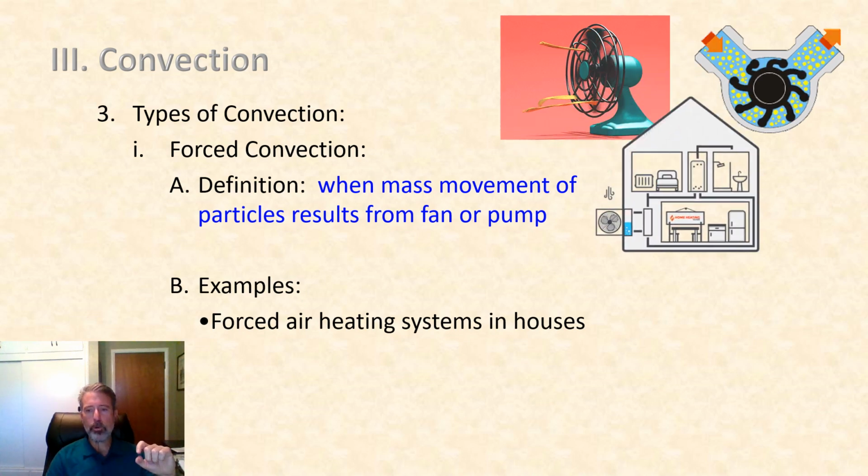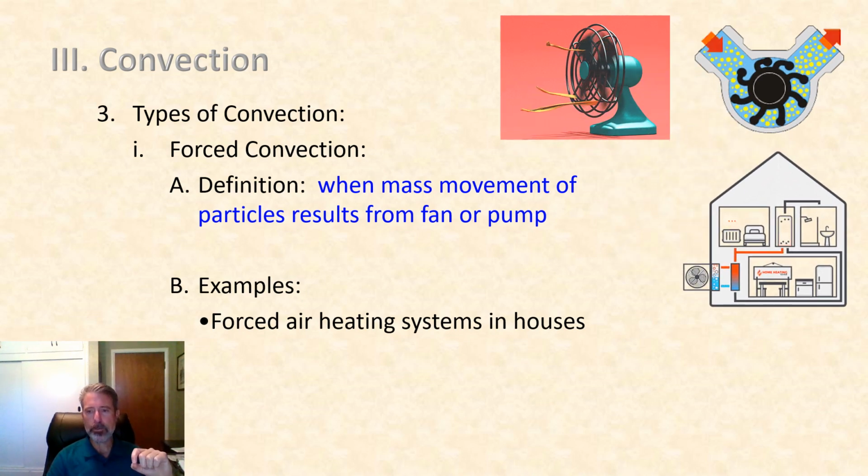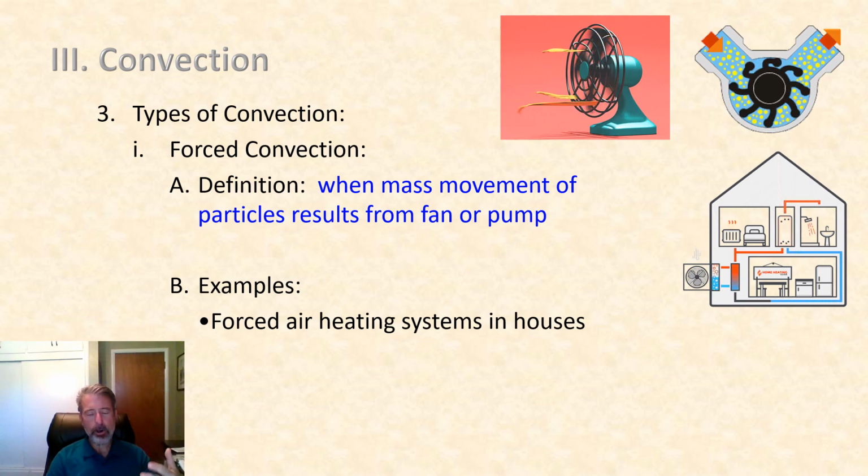So we'll take a look at a couple of examples here. Certainly if you look at the forced air heating system in your house, this happens because you have a fan which will physically blow high temperature air particles, that are heated over some type of heater, through the duct system in your house to other regions of your house, transferring molecules of air with a lot of kinetic energy into regions where the air has much less kinetic energy.